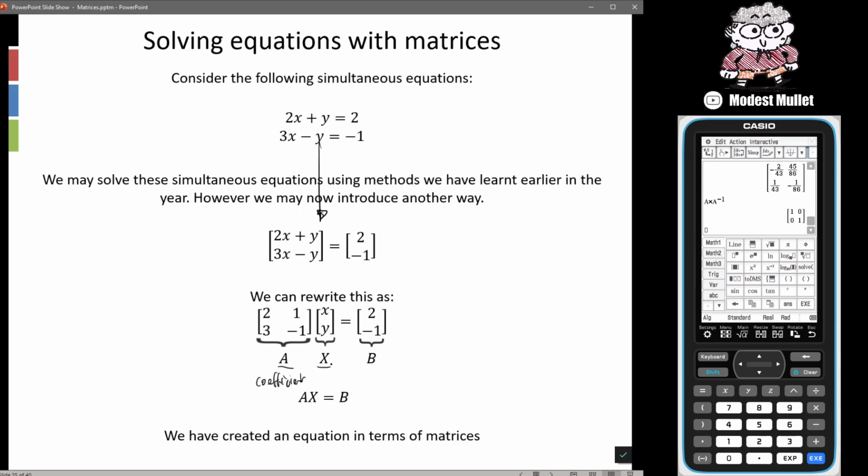Matrix X, which is the variables. And then matrix B, which is the solution to the two equations. Solution, answer. It's technically not the solution. We're trying to figure out what x and y are later, but we can break these two equations down like this. So we're now left with this thing, ax is equal to b.